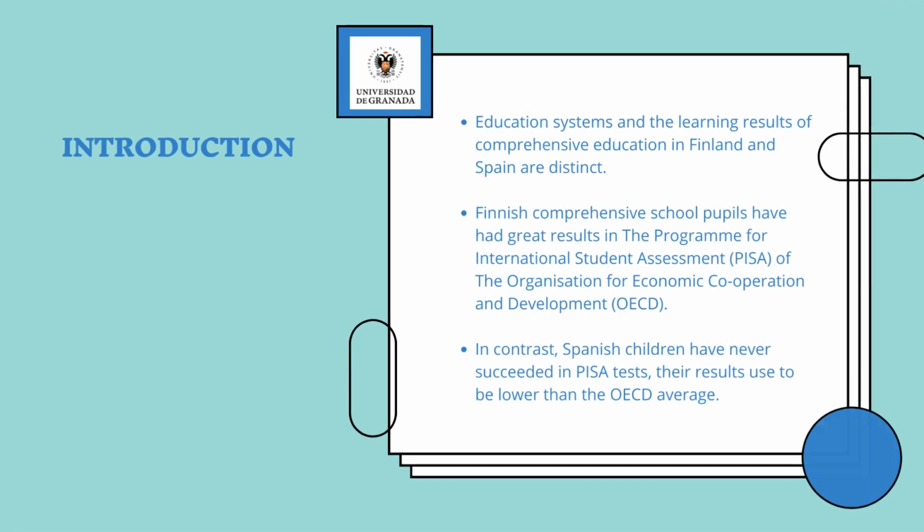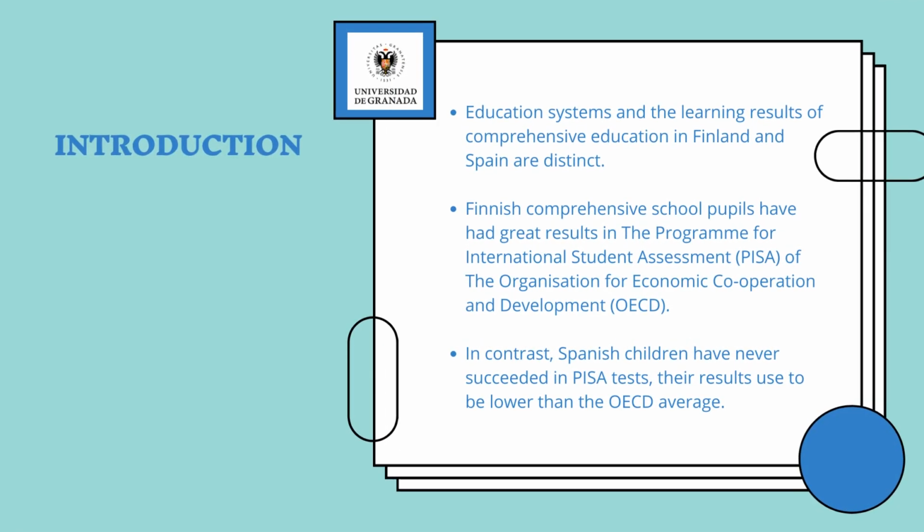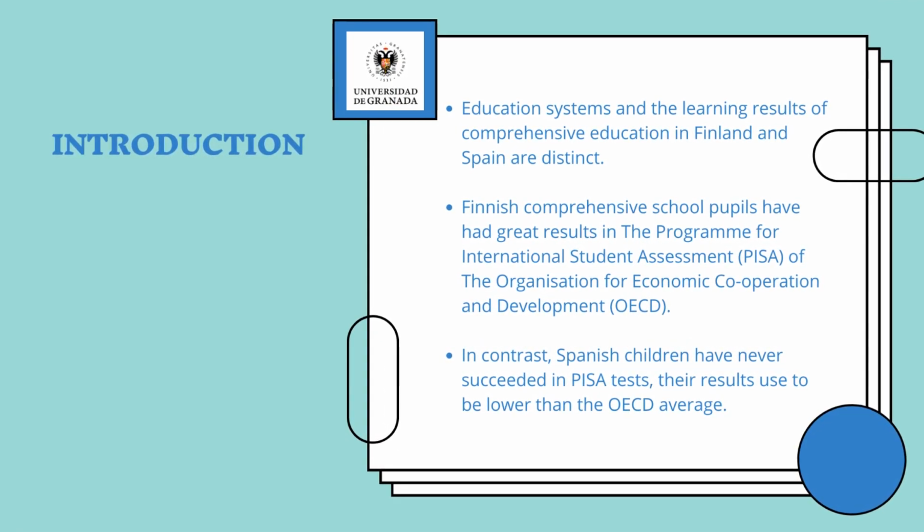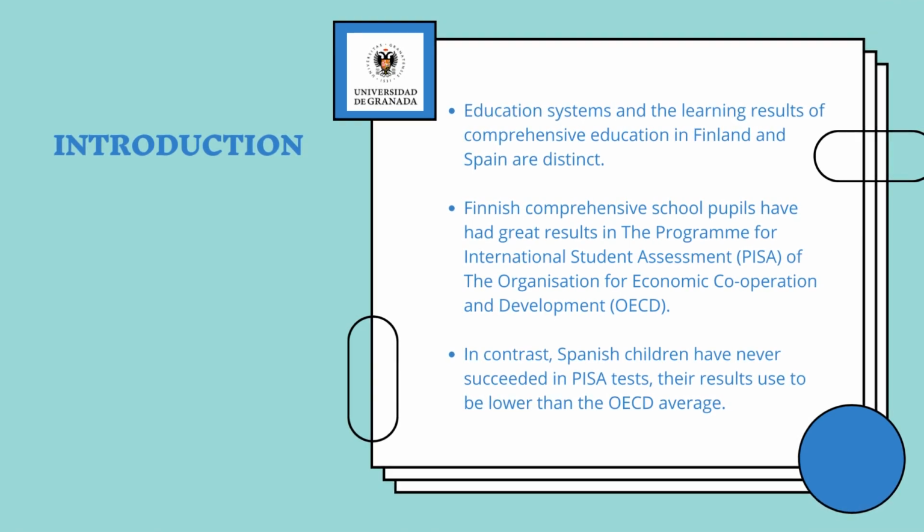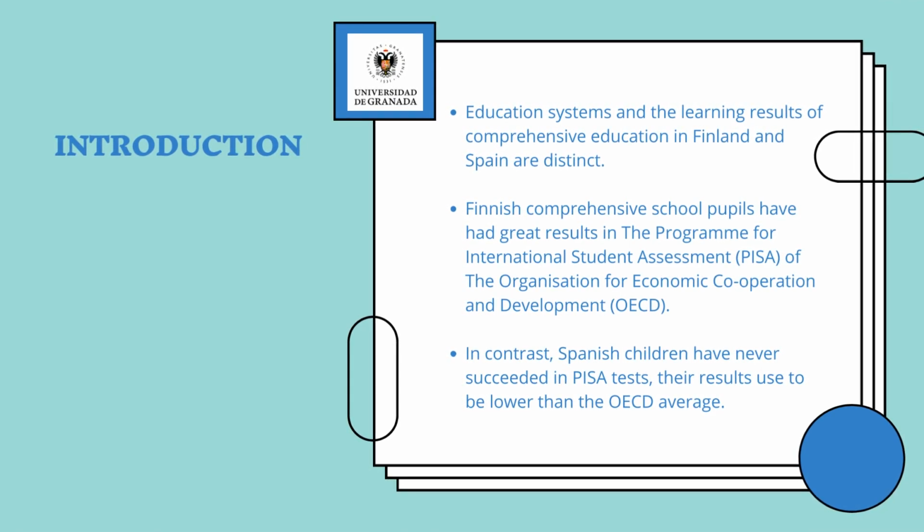Let's start with a short introduction before going on to the methodology, results, and discussion. So, education systems and the learning results of comprehensive education in Finland and Spain are very distinct.